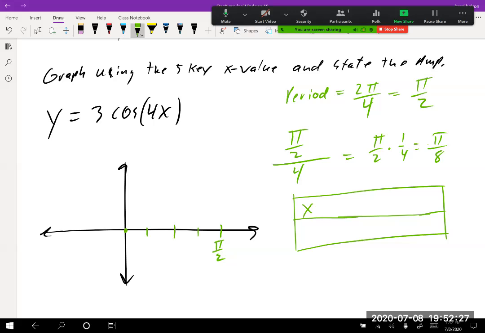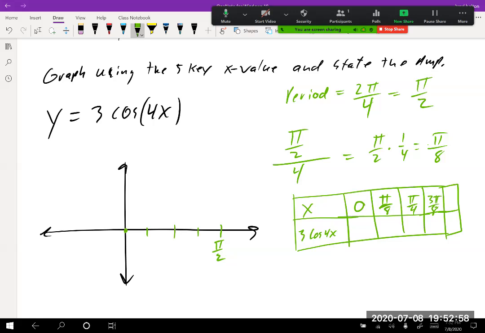And we have our x, and then we have our 3 cosine 4x. Okay, so 1, 2, 3, 4, 5. Okay, so let's see what we got here. So we're going to take pi 8s, plug it in here. Now what happens when you take pi 8s and you add another pi 8? You get 2 pi 8s, but that's pi 4s. And then you take another pi 8, that would be 2 pi 8 plus 1 pi 8, that's 3 pi 8s.